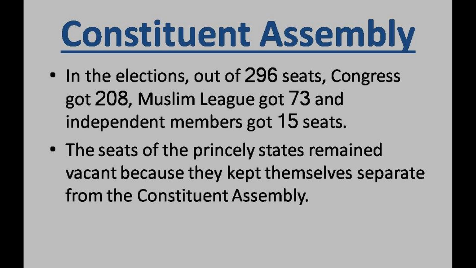In the elections, out of 296 seats, Congress got 208 seats, Muslim League got 73 seats, and independent members got 15 seats. The seats of the princely states remained vacant because they kept themselves separate from the Constituent Assembly.